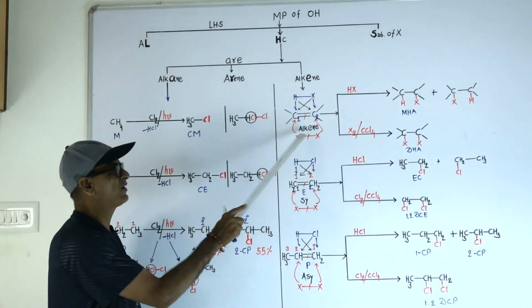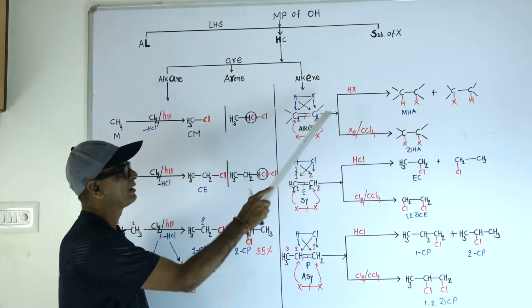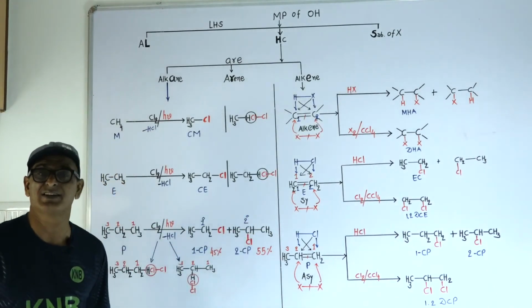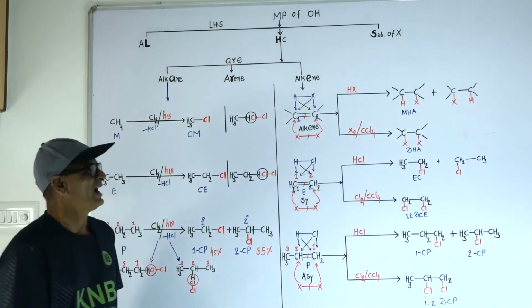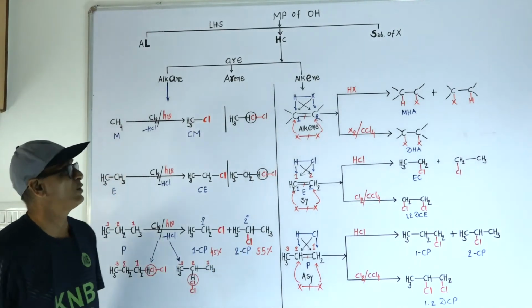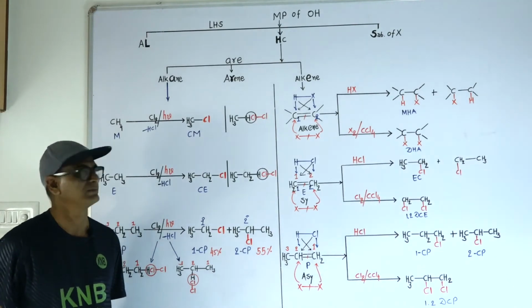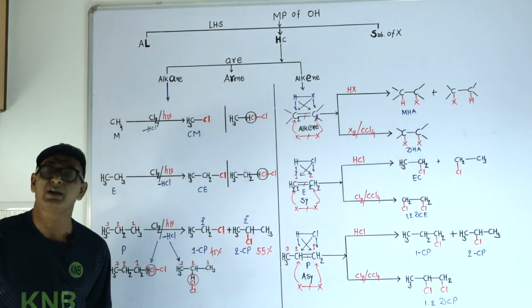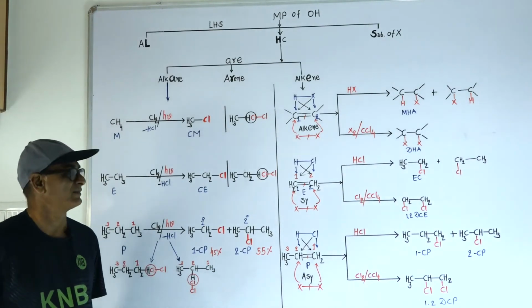This is the general formula of alkene. HX, hydrohalo acid. The addition of hydrogen and halogen is known as hydrohalogenation. And with X2, only halogen atoms will be added.